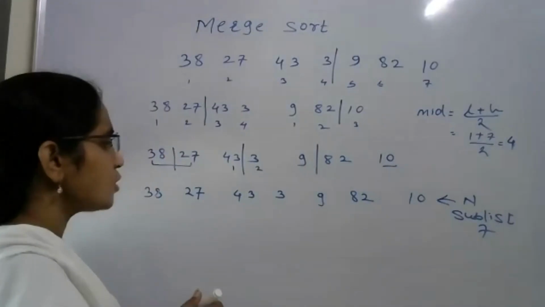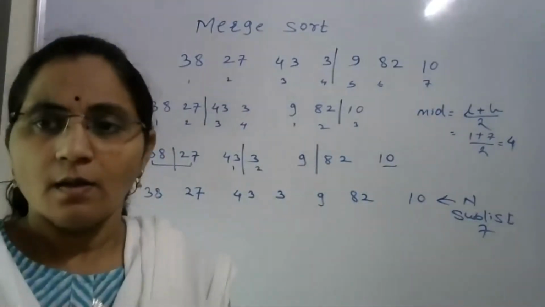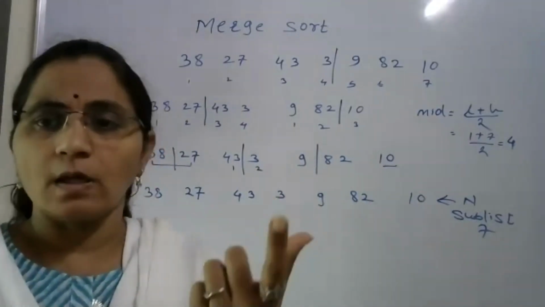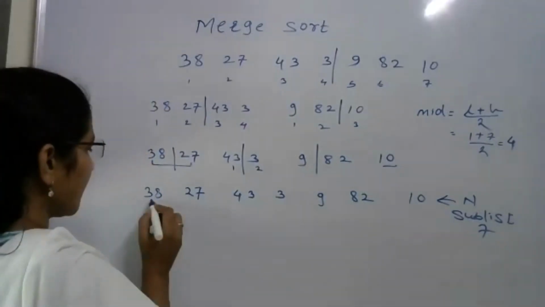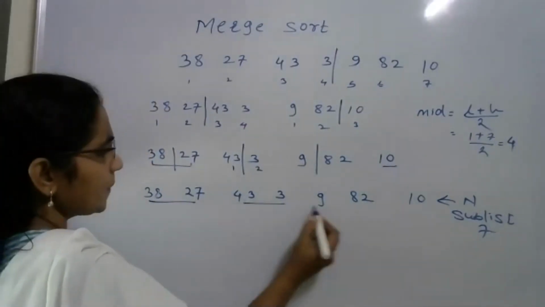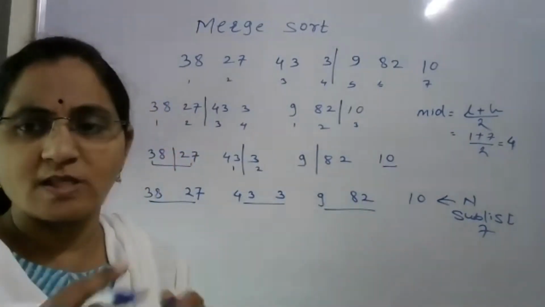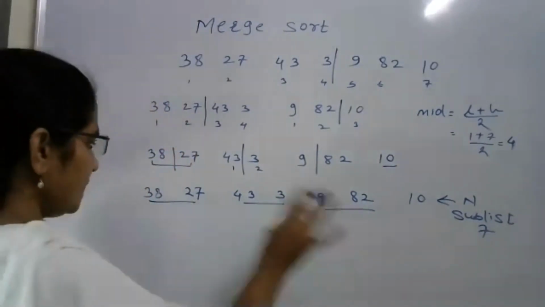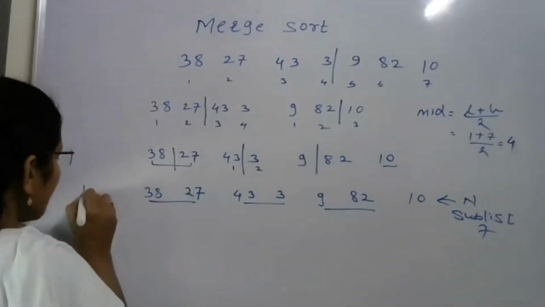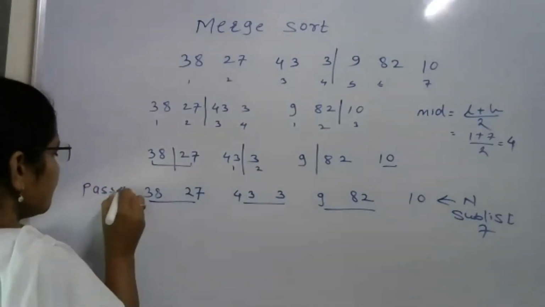So how to combine? First of all, you have to make pairs. All of you know that a pair means two elements. So you make the pairs. This is the first pair, second pair, third pair, and the last one is a single element, so you just leave that element. Now this is your first pass, pass one.